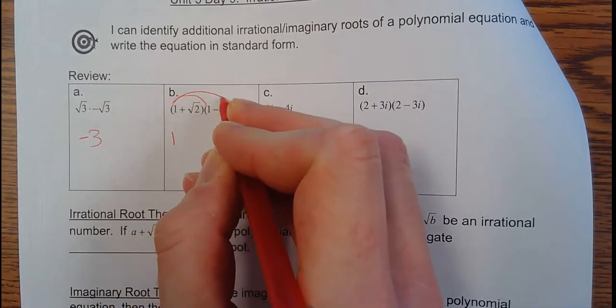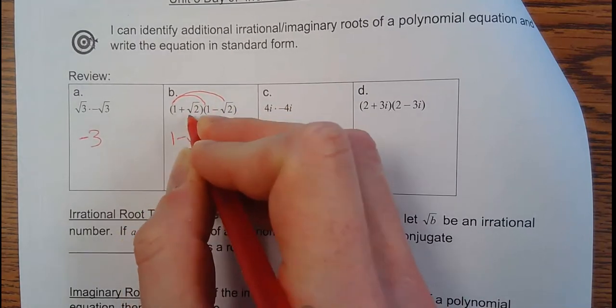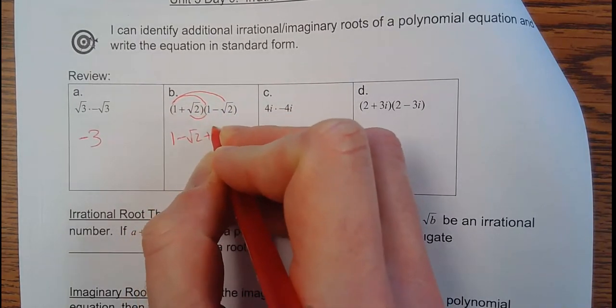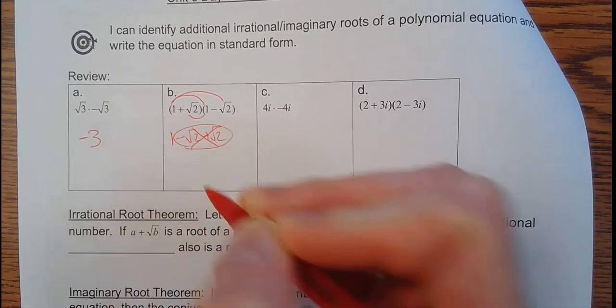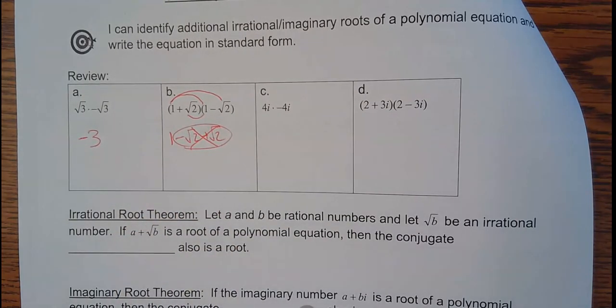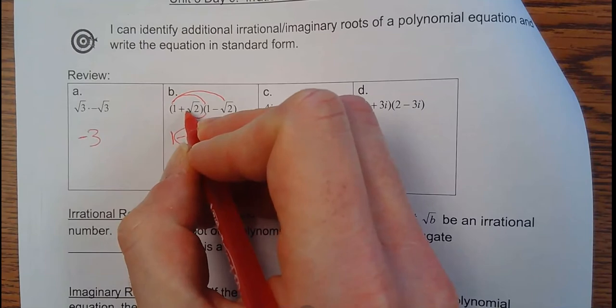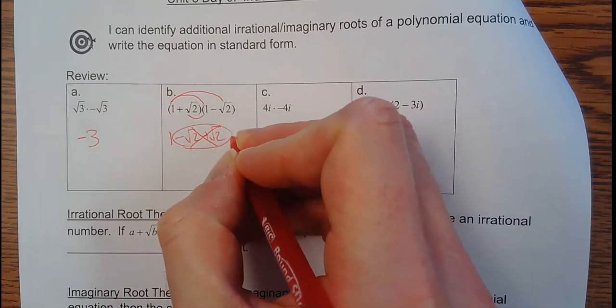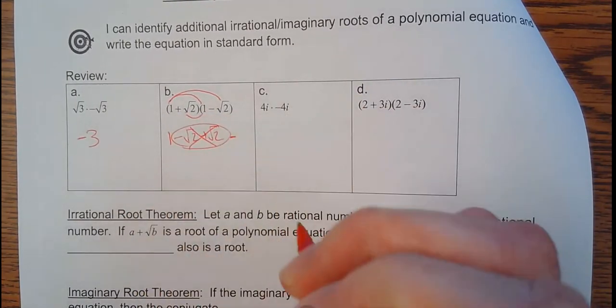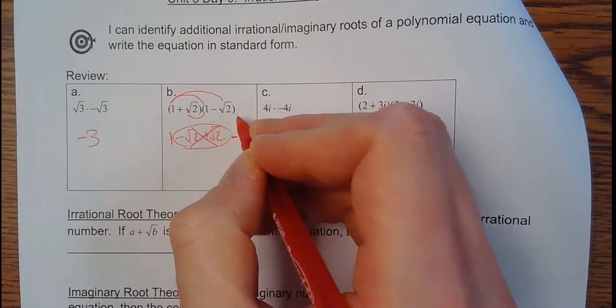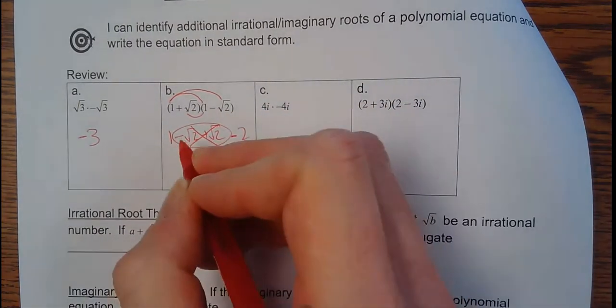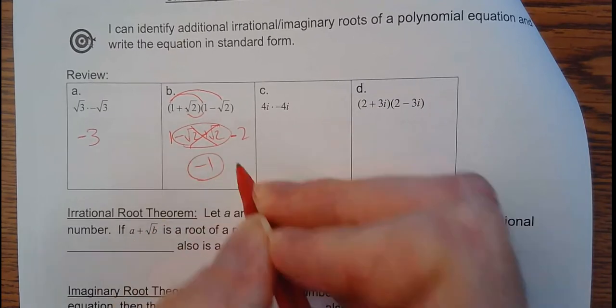And then the outer, that'd be a negative radical 2. The inner is a positive radical 2. So right there, those wipe out because a negative radical 2 plus a positive radical 2 is 0. And then I got radical 2 times negative radical 2, which would be a negative, but then radical 2 times radical 2 is 2. So 1 minus 2 is negative 1.